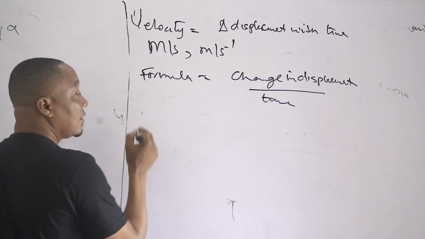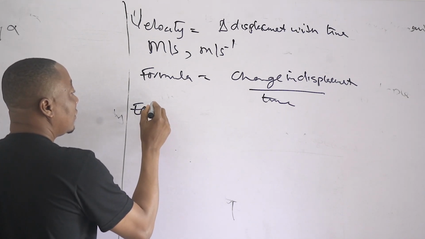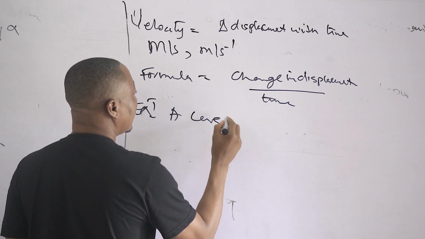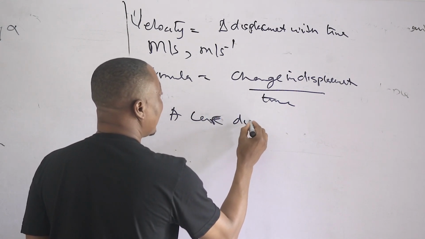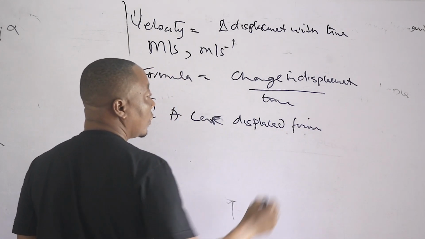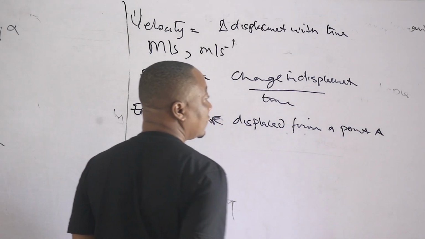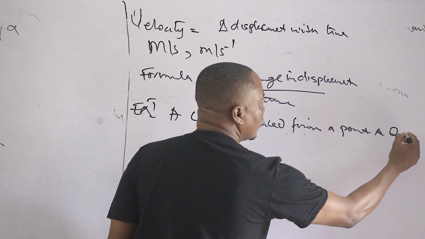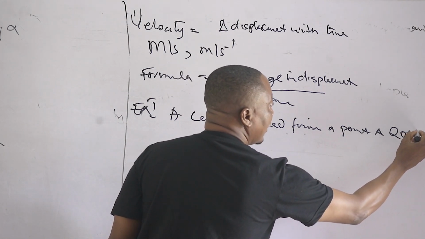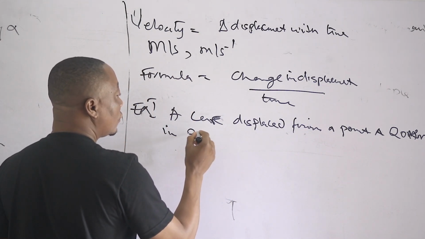For instance, let's apply this velocity to a real life situation. Example 1: a car is displaced from a point A 20 kilometers due north in 2 seconds.